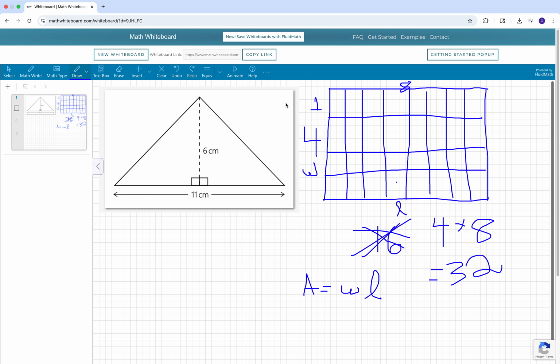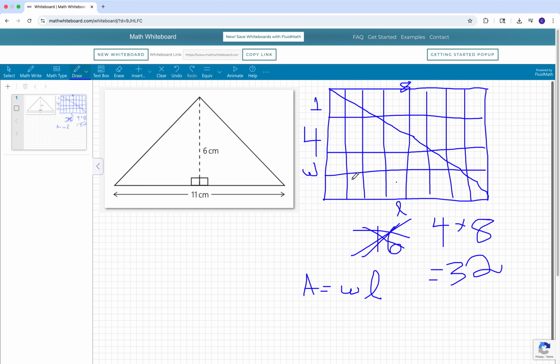So how does this relate back to the triangle? What if we took the rectangle and just divided it in half like this? We get 2 triangles. So we can derive the area for a triangle by taking the area of a rectangle and dividing it by 2.